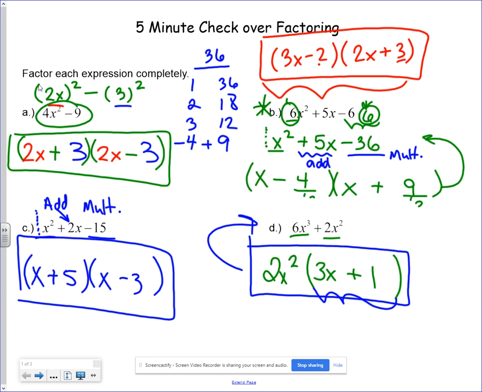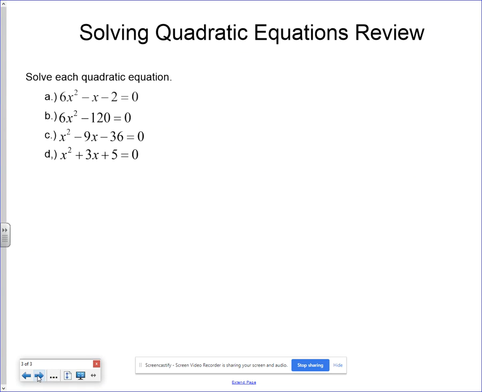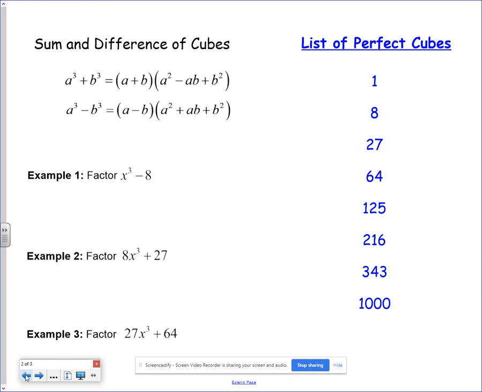Alright, so I'm going to teach you how to solve a new type of expression. So the new expression is called a sum and difference of cubes.